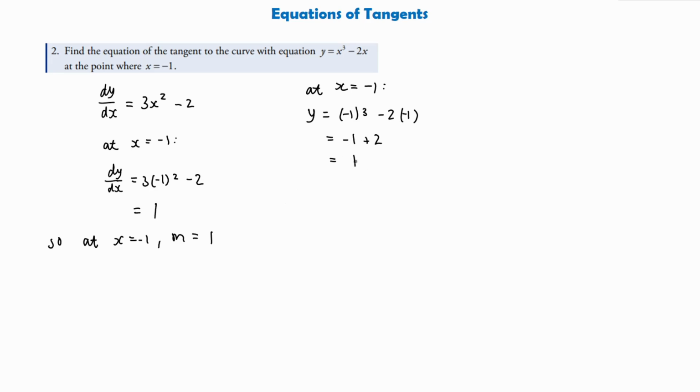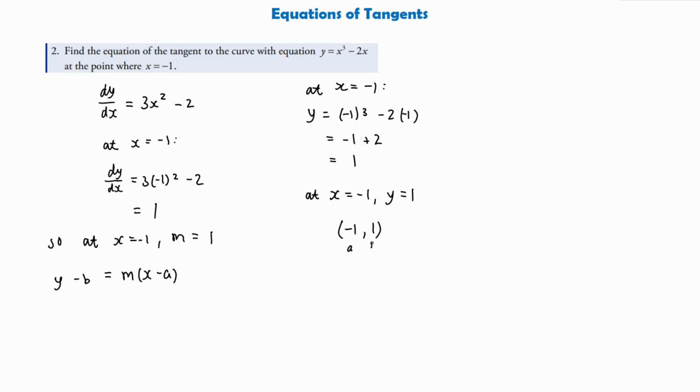So with this y value, we can now create a point and say that at x equals minus 1, y equals 1. So this is the coordinate (minus 1, 1). So now we have the gradient and we have the point. We can simply say with our equation, y minus b equals m times (x minus a).